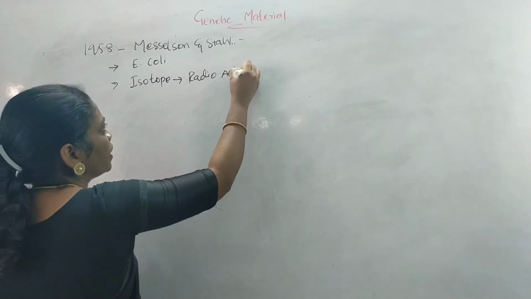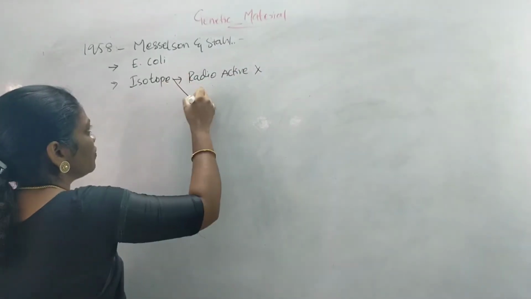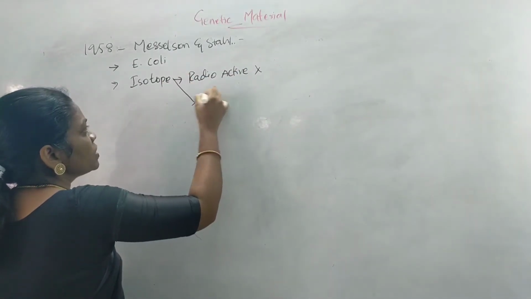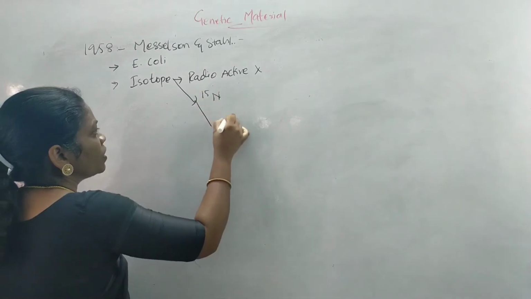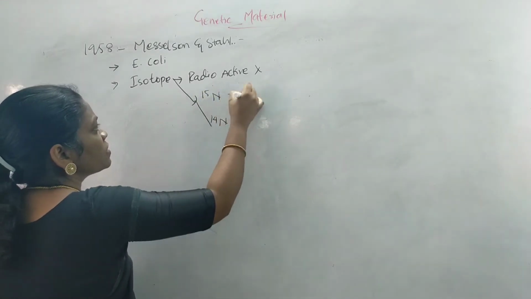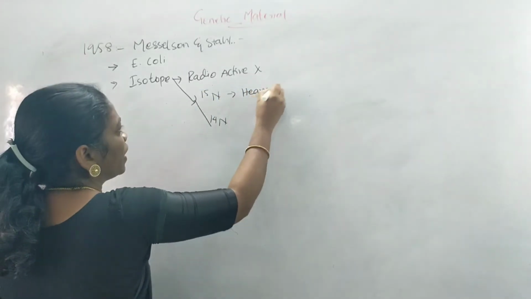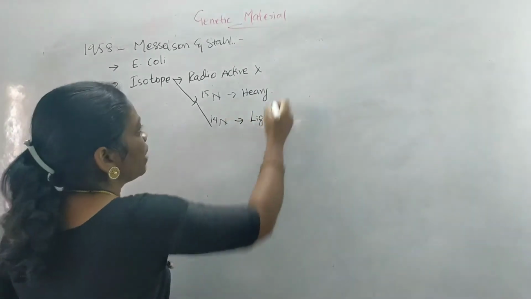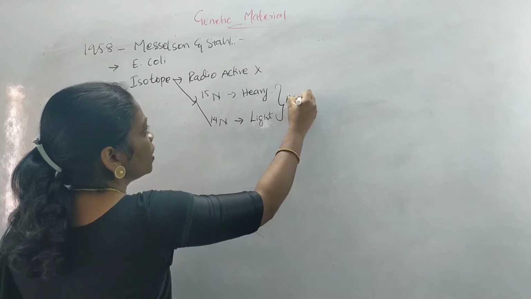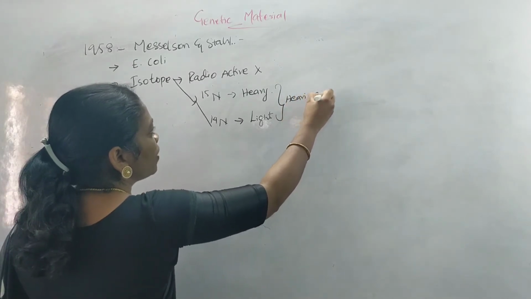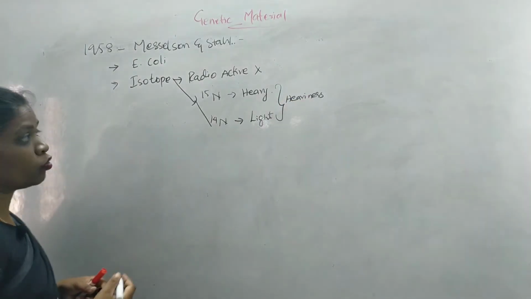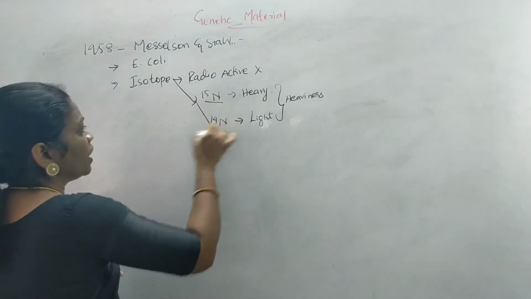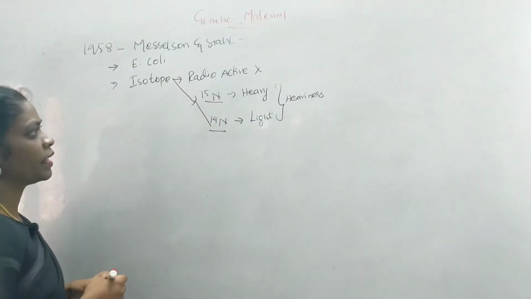We have not taken any radioactive isotope. Instead we have taken the isotopes N15 and N14. This is heavy nitrogen and this is light nitrogen. So based on the heaviness only, they selected the N15 and N14 isotopes.